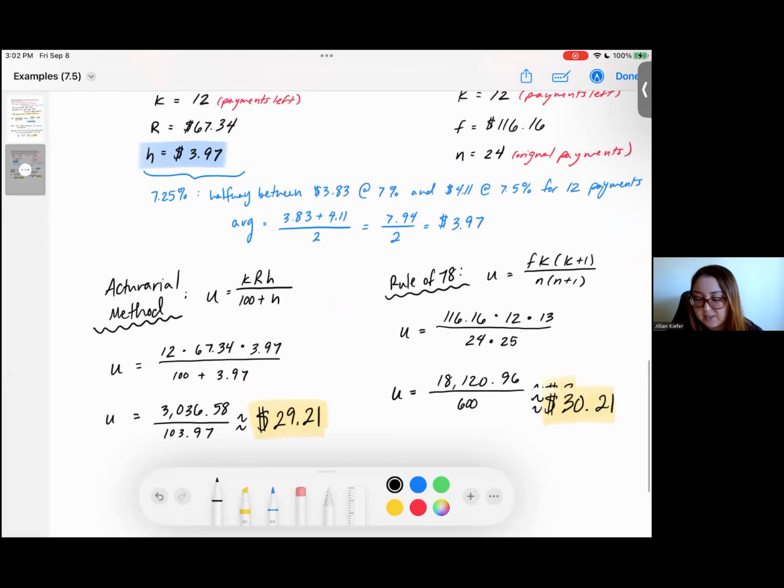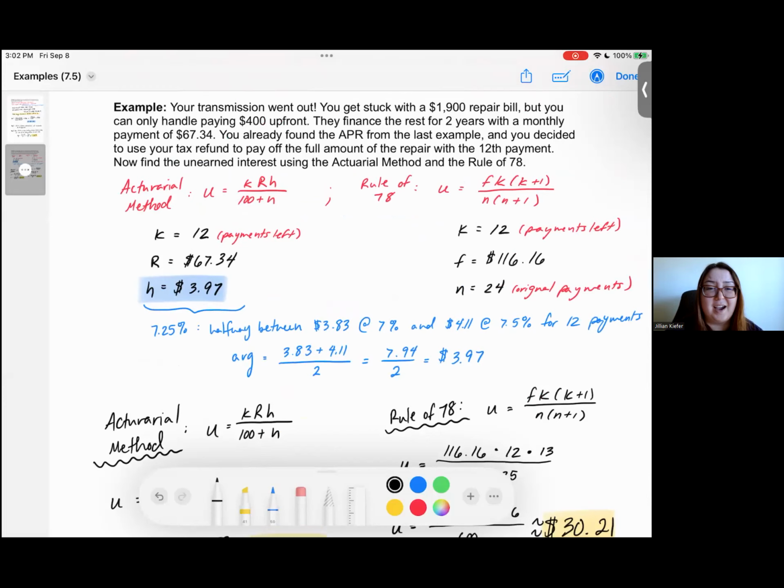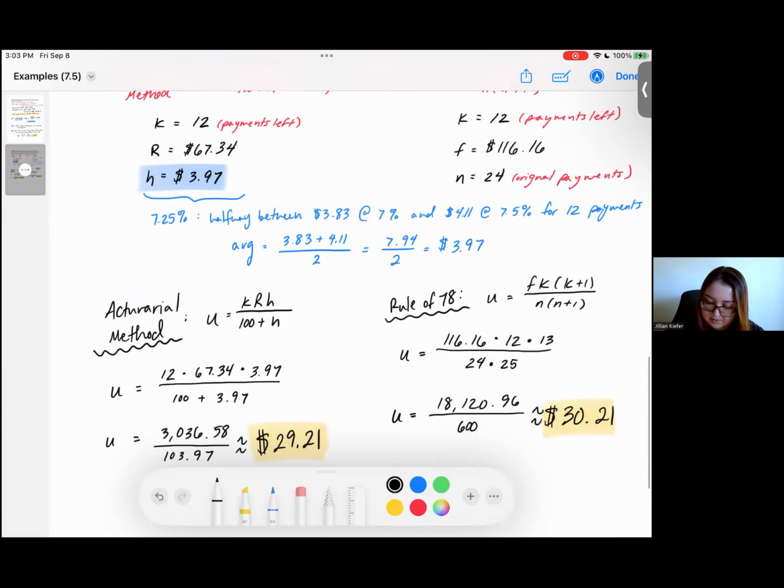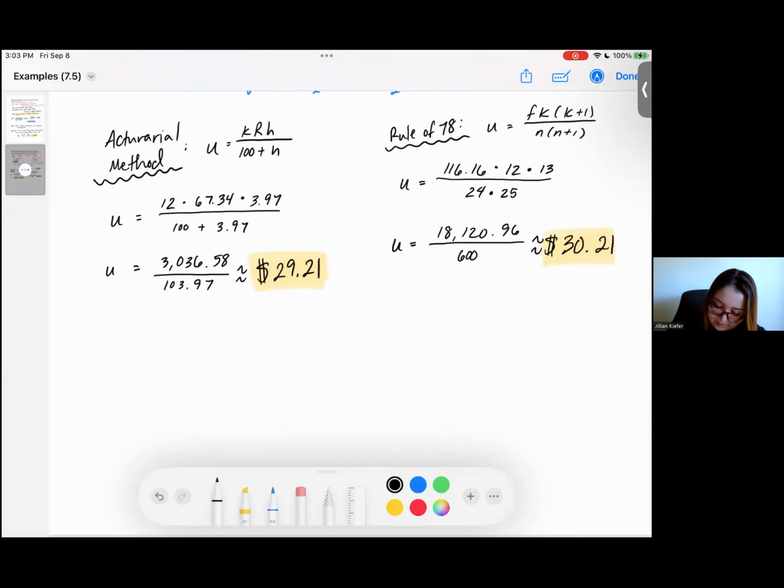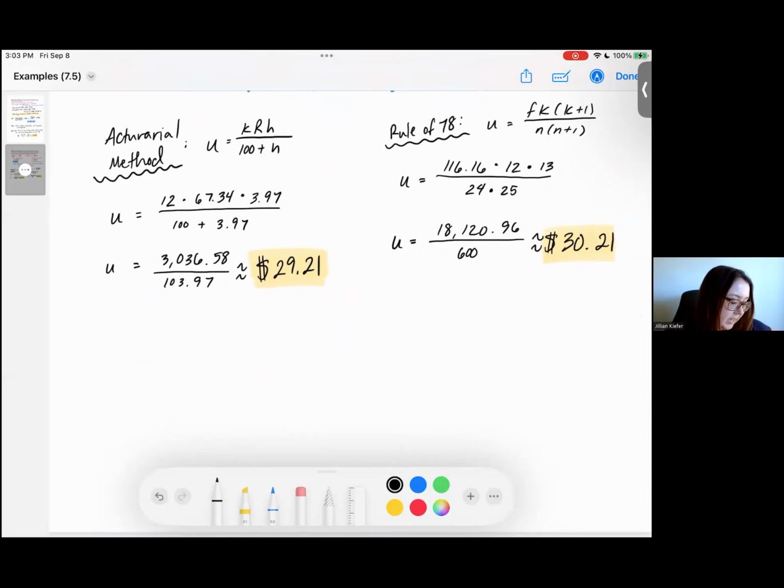This wasn't part of our question, but let's just go ahead and see how much you ended up paying to pay it off a year early. How much money were you really saving? So we can go ahead and calculate. This is typically going to be called the payoff.